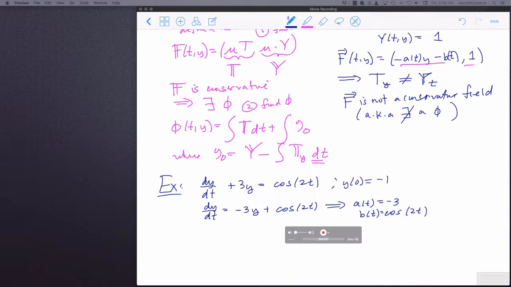And therefore we know our original vector field is minus a(t)y plus b(t), comma 1. So that would lead to 3y minus cosine of 2t, comma 1. That's our original vector field.